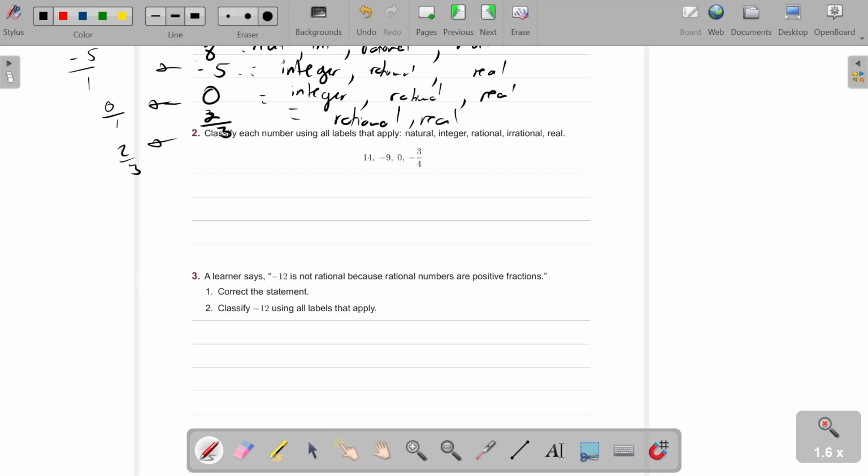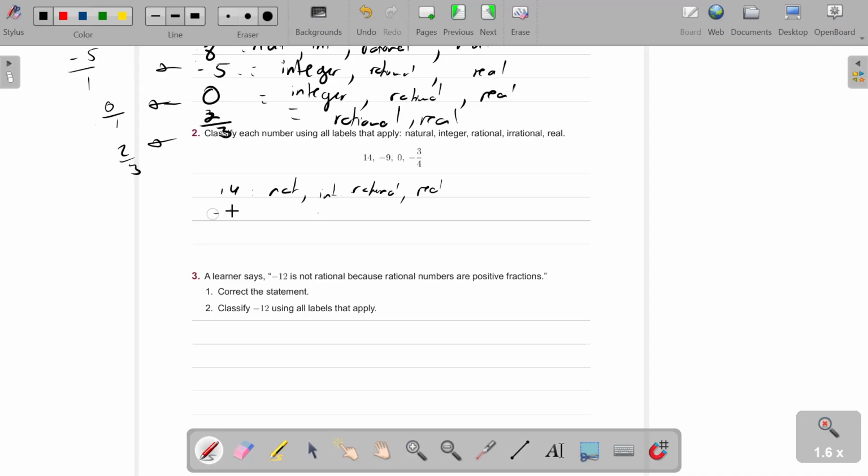Well, the 14 is going to be a natural number, it's going to be an integer, it's going to be a rational number, and it's going to be a real number.